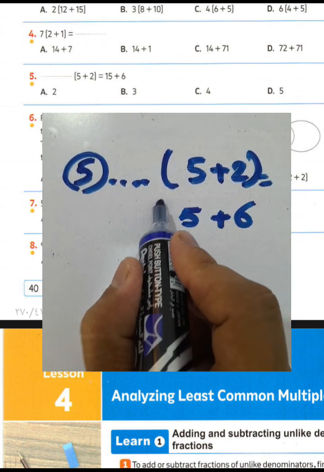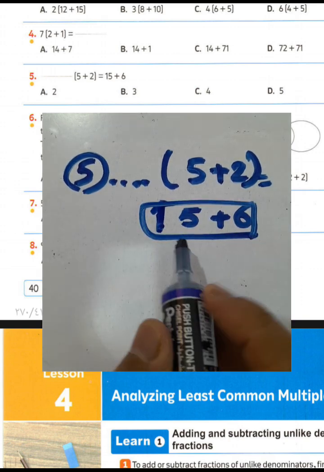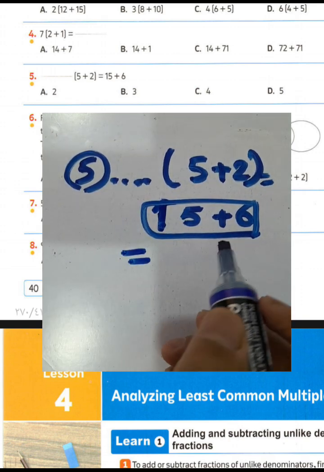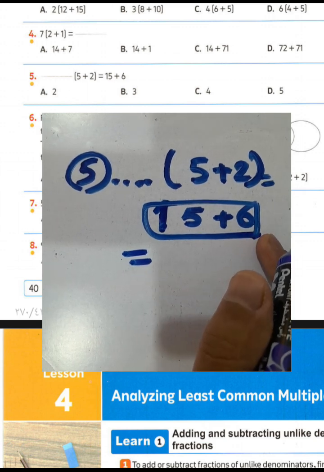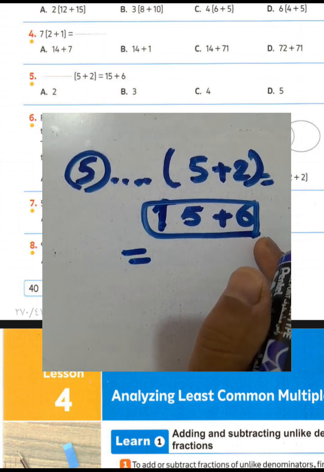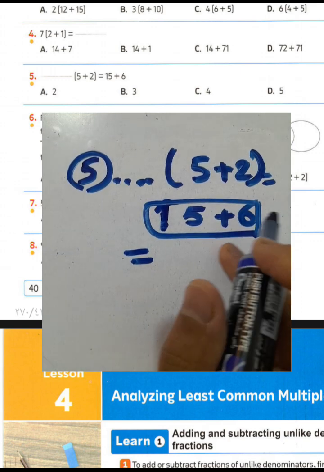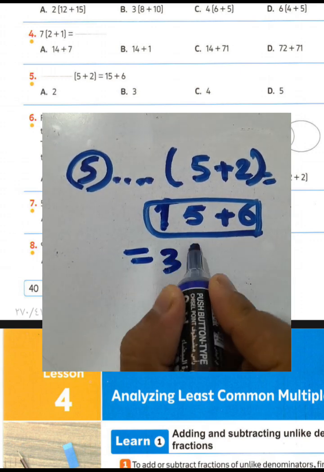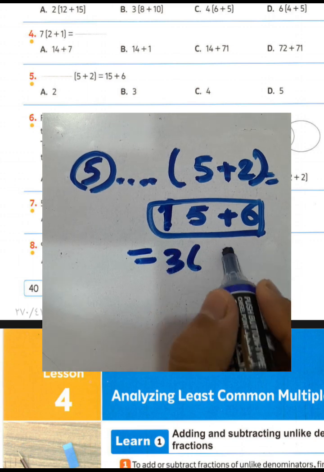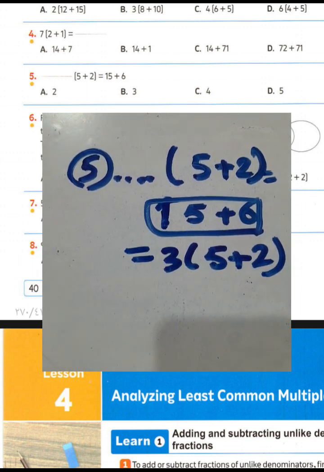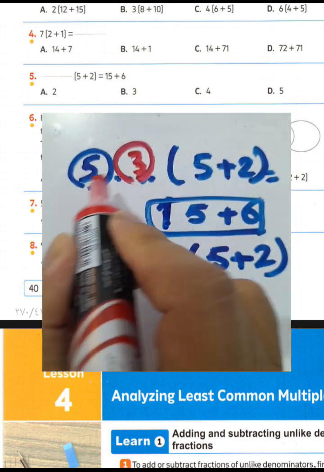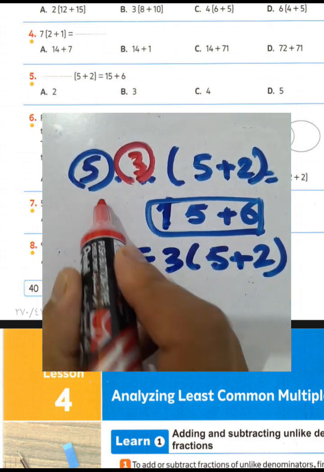We can simplify this expression by writing the highest common factor between them, or greatest common factor. 15 and 6 can be divided by 3. The greatest common factor between 15 and 6 equals 3. You can write 3 outside here. 15 divided by 3 equals 5, and 6 divided by 3 equals 2. Then you must write 3 in the space. About question number 5, choose letter B.